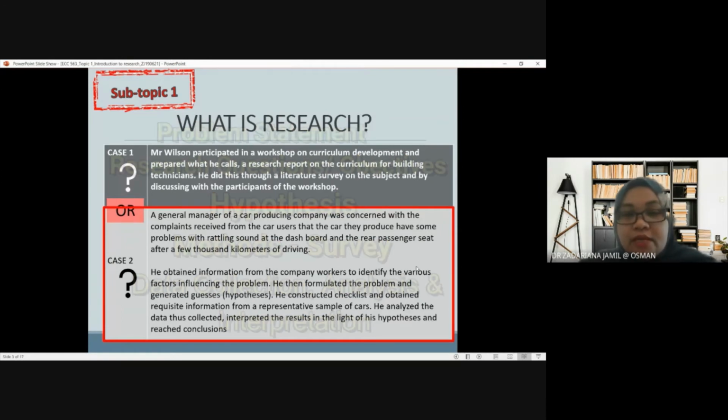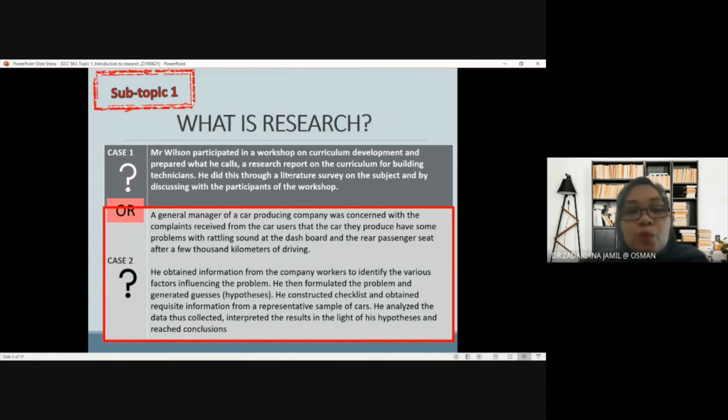So it's a very clear flow of a research compared to case 1, which is only preparing a report on curriculum for building technicians. Although he did some literature survey, it's actually not a very clear literature survey. In case 1, there is no very clear flow in doing a research. It's very general.